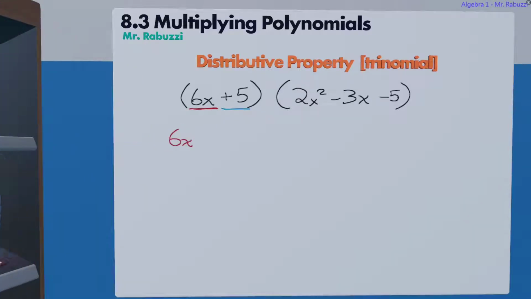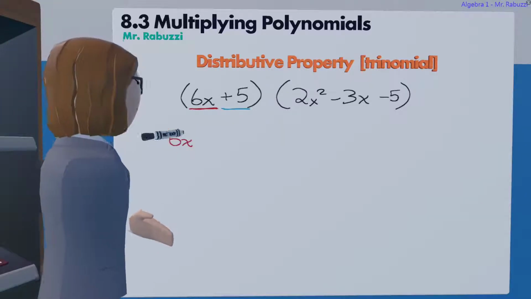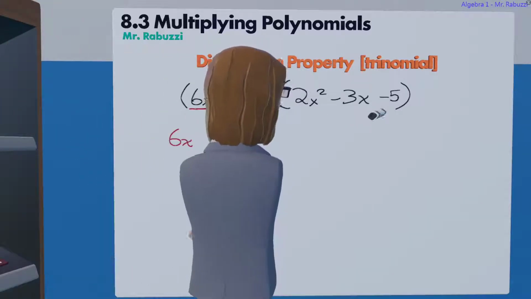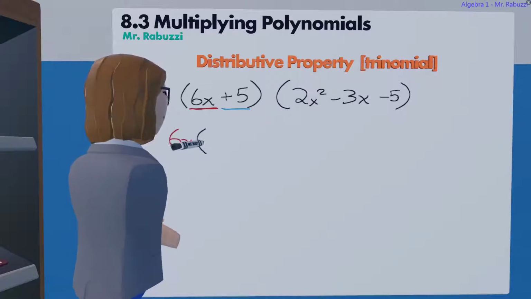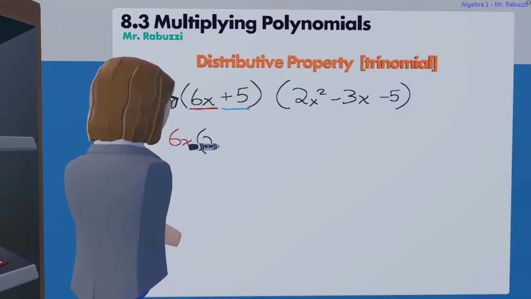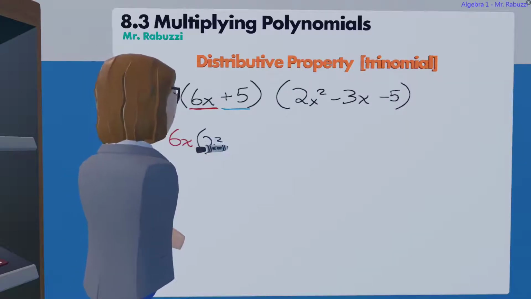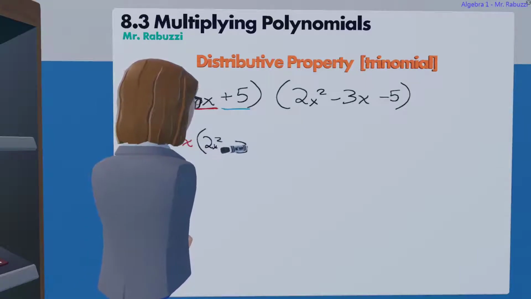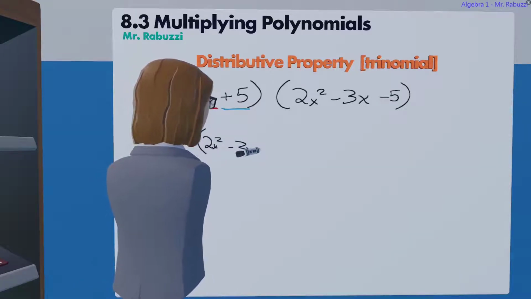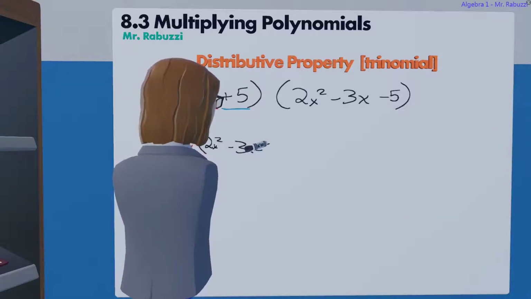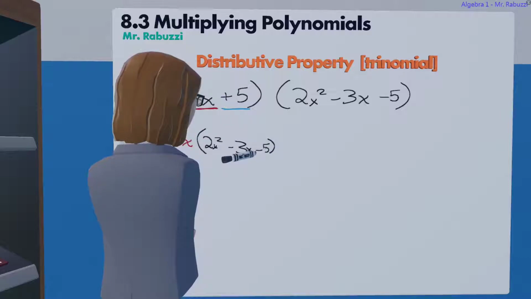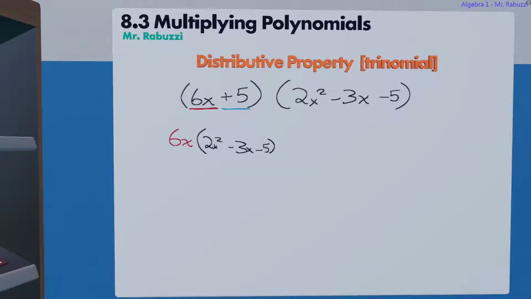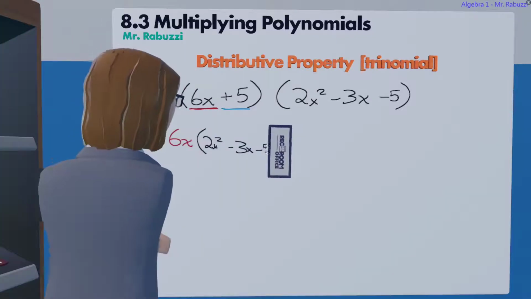Now 6x needs to multiply with all of this term. So let's write it in there. 2x squared minus 3x minus 5. I'm just going to copy it down from over there for now.